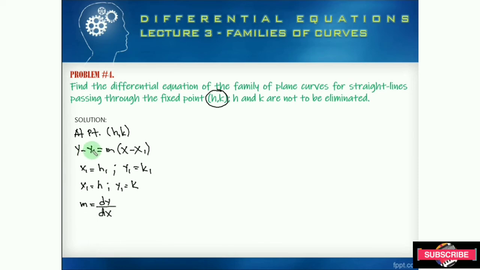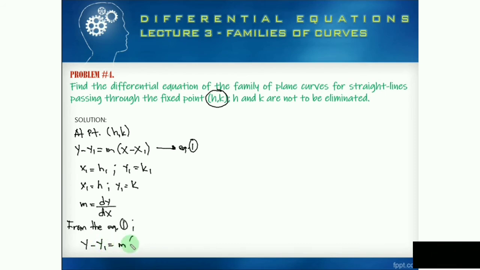We will assign this as equation 1. So from equation 1, y minus y1 is equal to m times x minus x1.